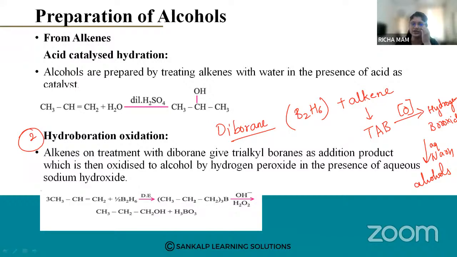So this is the reaction. B2H6 can also be taken as BH3 twice, so this is diborane. We take alkenes and treat them with diborane, and you will get trialkyl boranes.